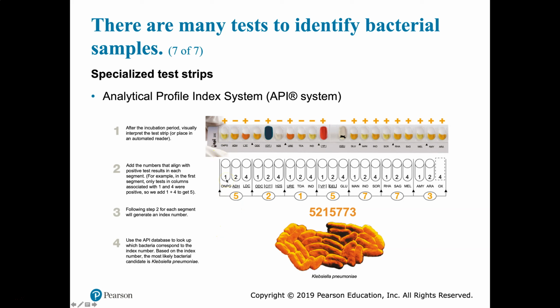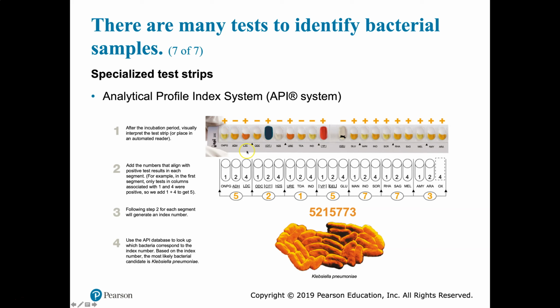So there are codes. We have a book that goes with this. It's, gosh, thicker than your textbook. Basically, we look at all the tests and we determine positive or negative, and then each one has a value associated with it. So for instance, we have a positive, negative, and a positive.